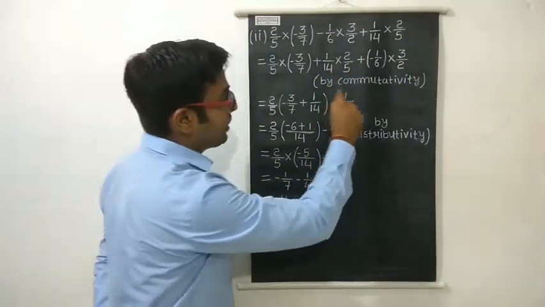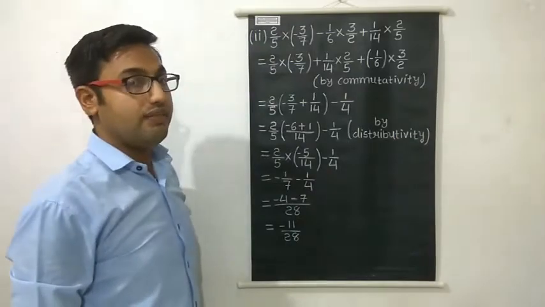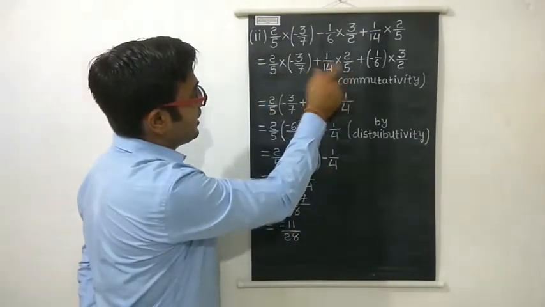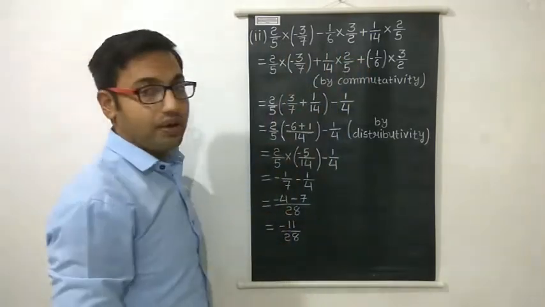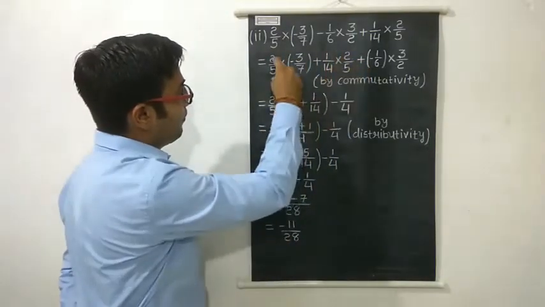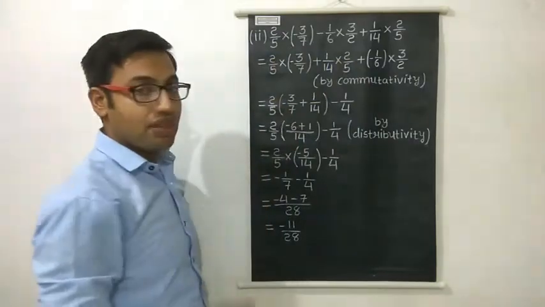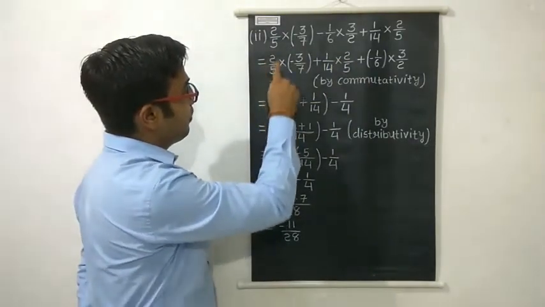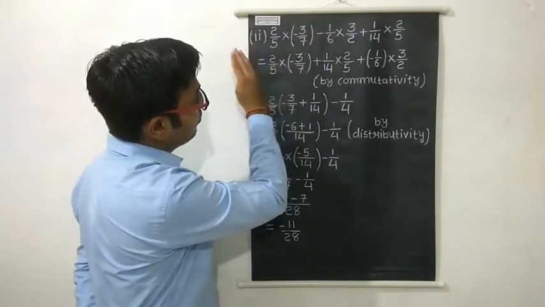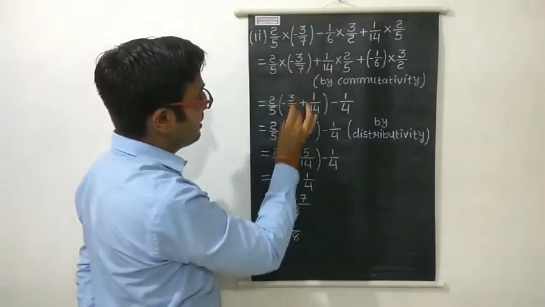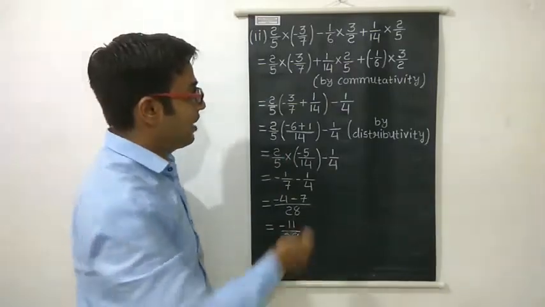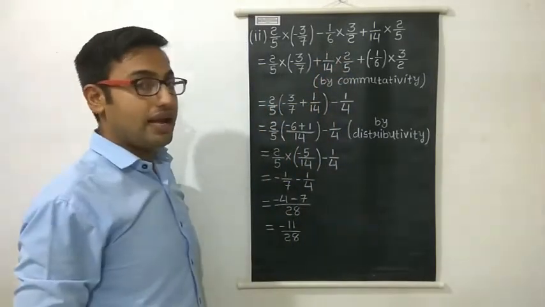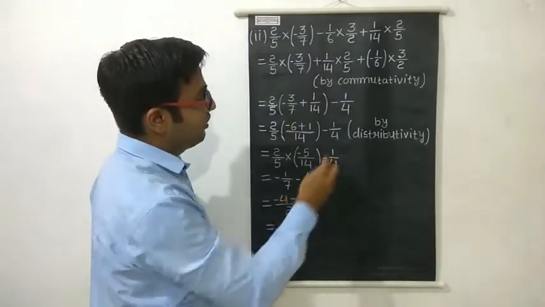Right? Which property do we use here? Commutativity. Okay. Now see, this is the first and this is the second term. 2 upon 5 is common. So we will take 2 upon 5 from both the terms and put it here. Now make a bracket here. What will remain if 2 upon 5 is removed from this? Only minus 3 upon 7 plus, here we have only 1 upon 14 now. Okay, the bracket is over.